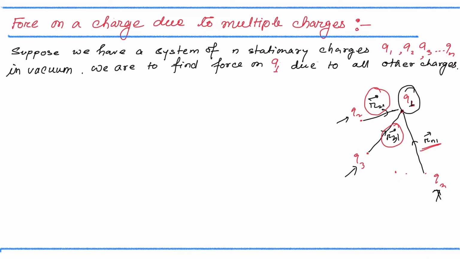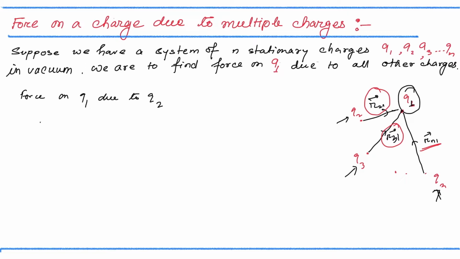Now let us first find the force on Q1 due to Q2. By Coulomb's law, we have already discussed in the last class. If you haven't watched that video, please watch that lecture first.